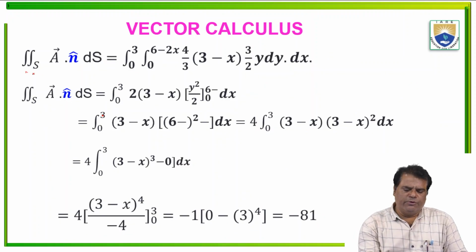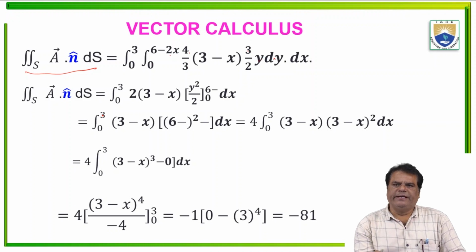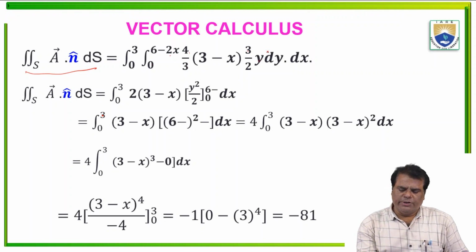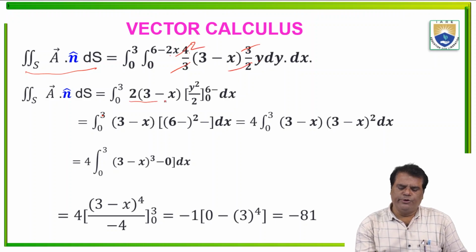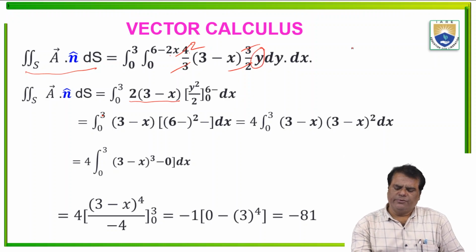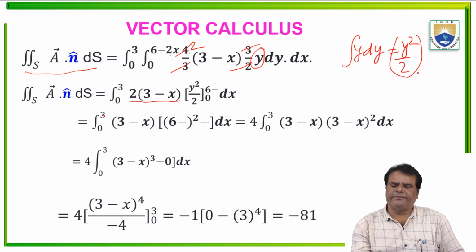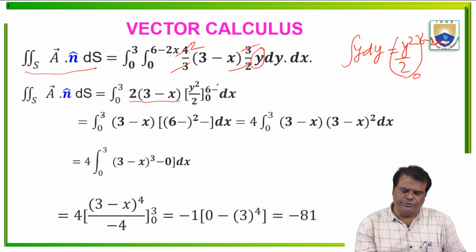Now the value of this integral equals 0 to 3, 0 to 6 minus 2x, here 4y, this is 3 minus x, 3y by 2, y dy. 3 is cancelled here, 2 is cancelled too. So we get here 2 into 3 minus x. Now integrating y dy, this is y square by 2, and apply limit 0 to 6 minus 2x. So here writing 0 to 6 minus 2x.